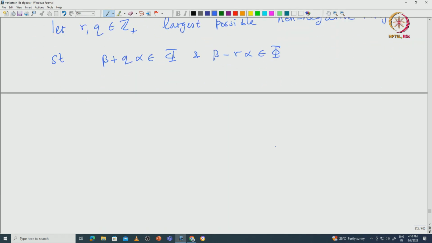So, these two ends are actually in phi. That means if beta plus i alpha is in phi, then i must lie between minus R and Q. That is what it means.